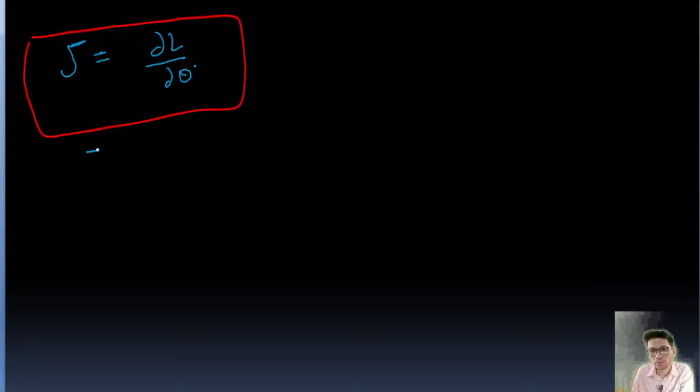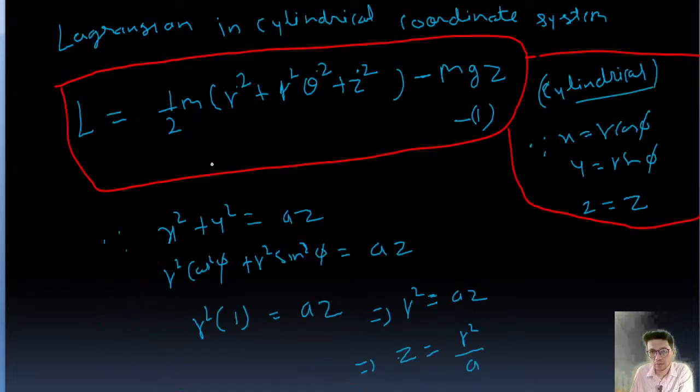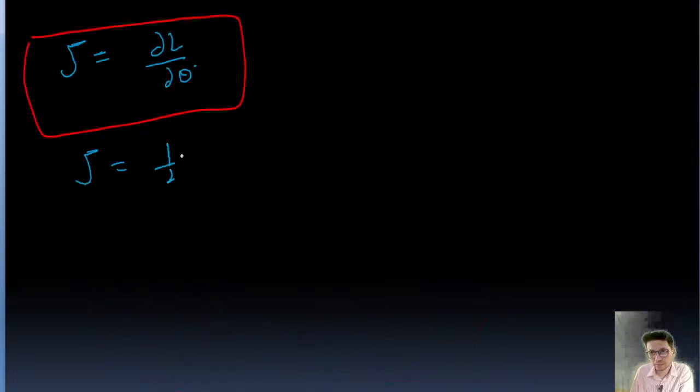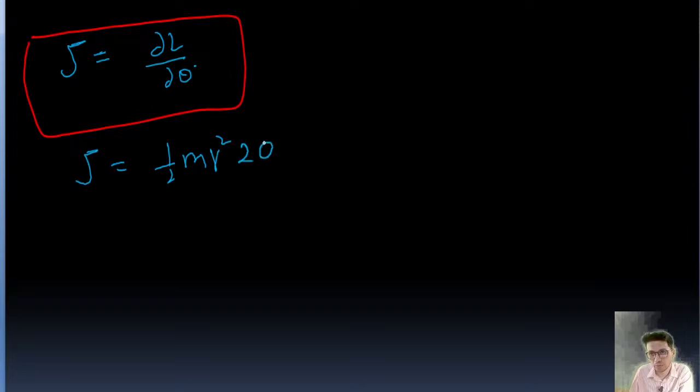Now we'll find the value of J. J is del L upon del theta dot. We'll differentiate this L with respect to theta dot. These other terms are constant, only this term is differentiated. So half m r square, and the differentiation of theta dot square is 2 theta dot.